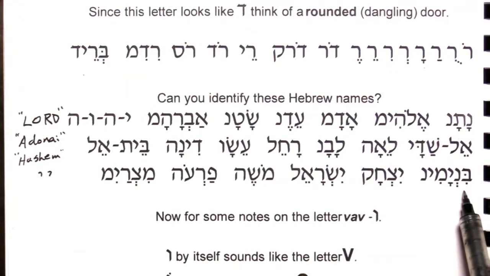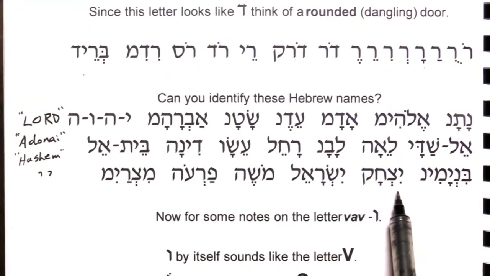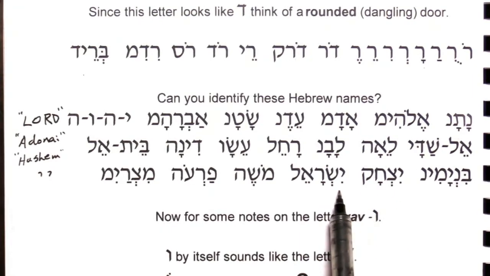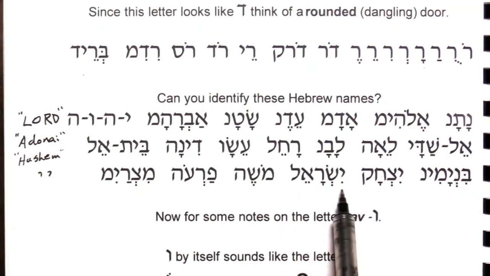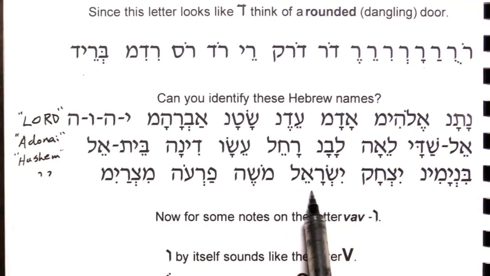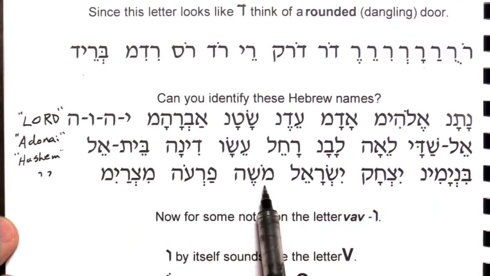Third line, Binyamin, or in our Bibles it would be spelled Benjamin. Yitzchak, or Isaac, and his name means laughter, of course. Yisrael, or Israel. Moshe, or we would say Moses, but it's actually Moshe.